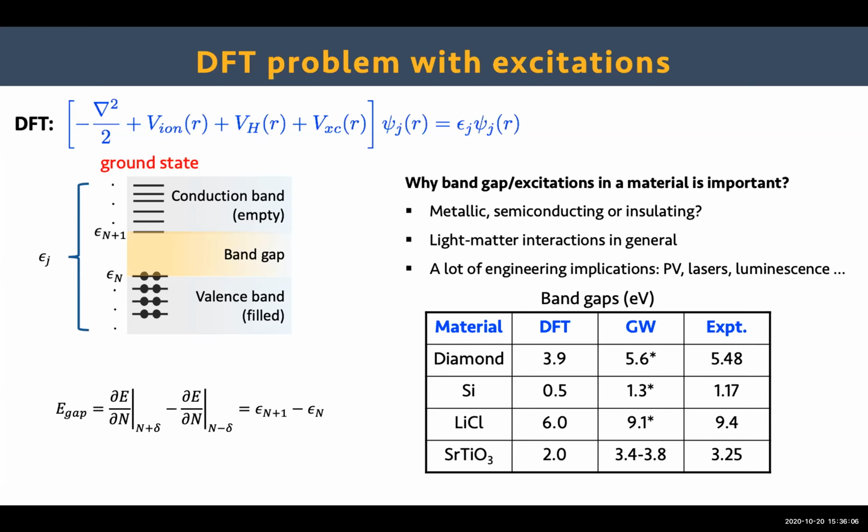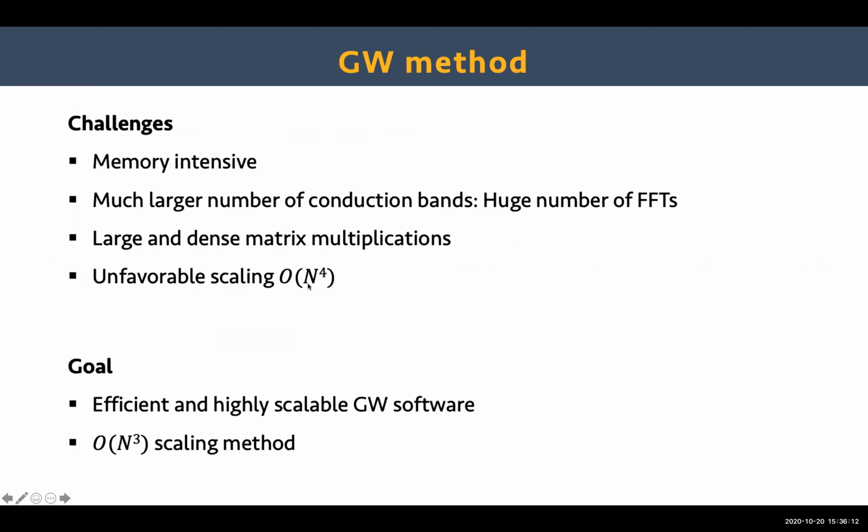But what are the challenges for the GW method? It's memory intensive as a method, in that it requires a lot of empty conduction bands, much larger than what you need for density functional theory. By that, it requires large and dense matrix multiplications, and the naive implementation of the method requires order N to the fourth scaling, which is unfavorable compared to the N-cube scaling of DFT.